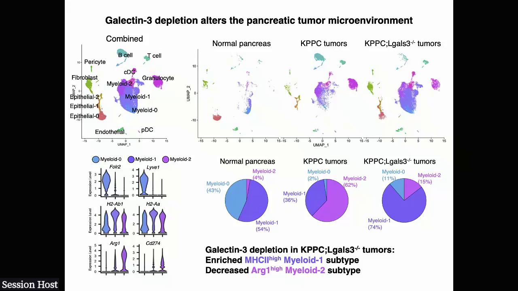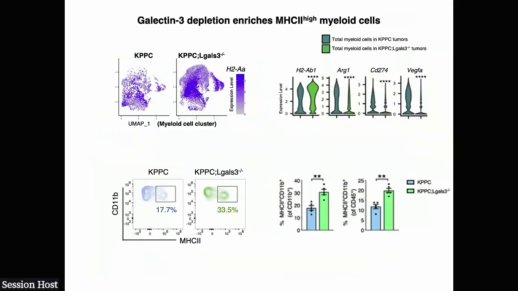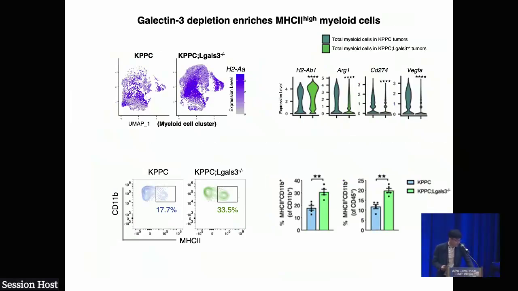They are usually considered the good, immune-stimulatory macrophages in solid tumors. And here we show that MHC2 genes are highly upregulated in the knockout tumors, together with downregulation of immunosuppressive markers like PD-L1, arginase-1, VEGF-A, etc. We also confirmed by flow cytometry and immunostaining the significantly accumulated MHC2 high macrophages.